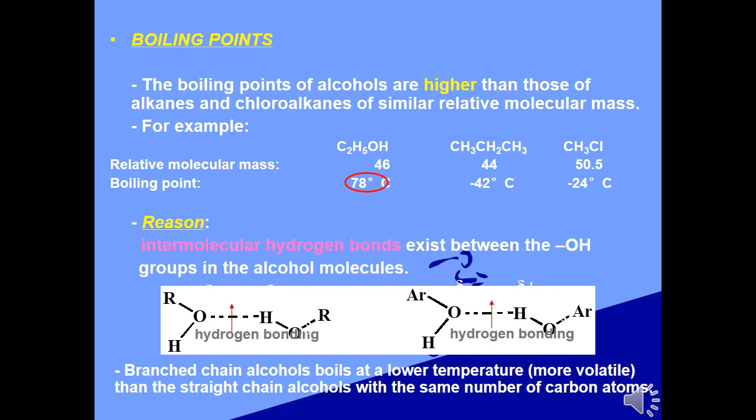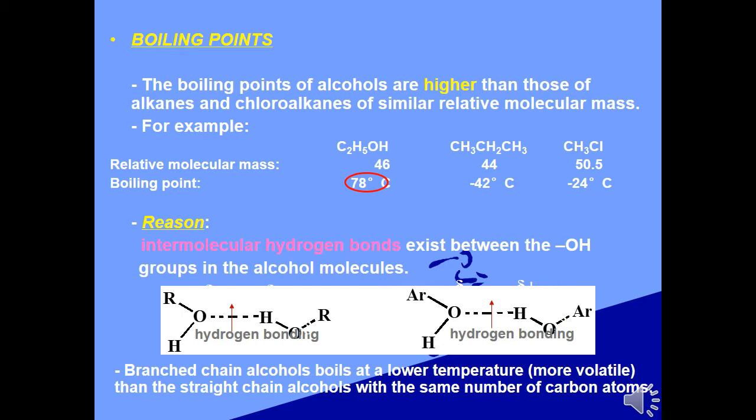Second is CH3CH2CH3, relative molecular mass is 44, its boiling point is negative 42 degree Celsius.